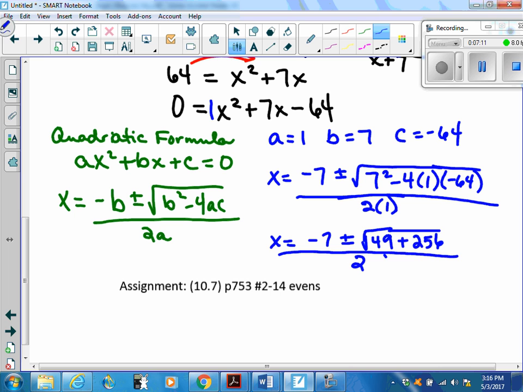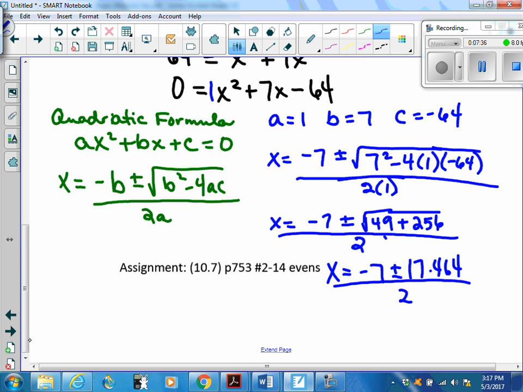So dividing by 2. Using my calculator, I take the square root of 49 plus 256, and I get about 17.464 over 2.